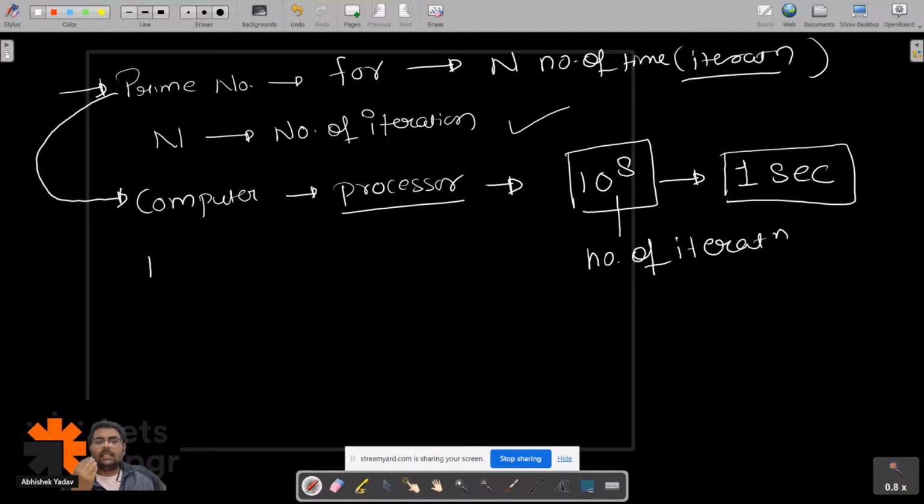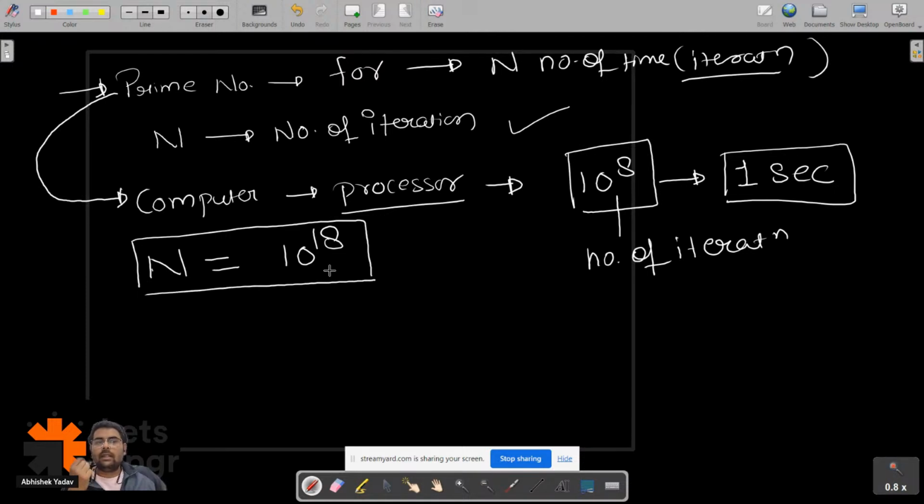So guys, can you tell me how much time my computer will take to check whether the number is a prime number or not if the value of n is 10 to the power 18? If I have to check whether 10 to the power 18 is a prime number or not, how much time will my computer take?